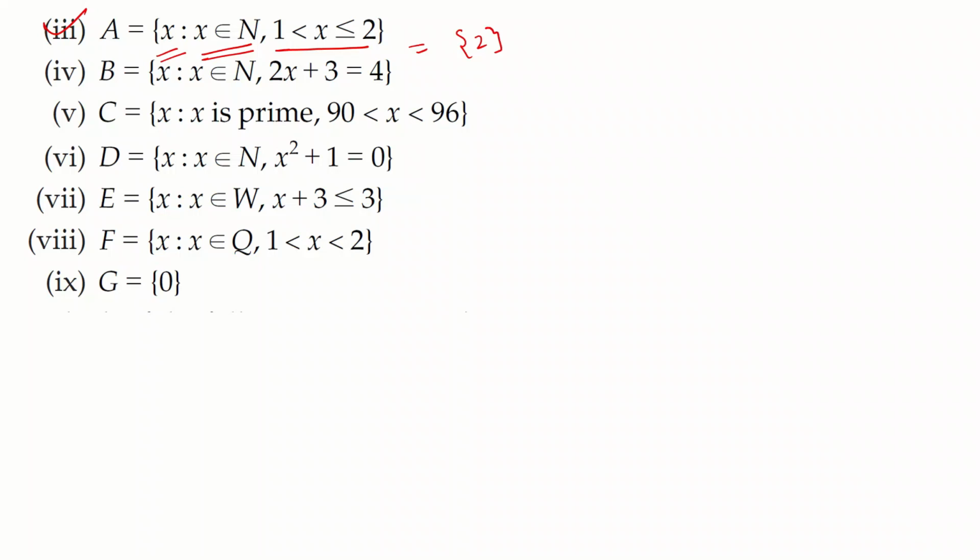Because 1 cannot be included and it has to be a natural number. So the only number that is left is 2, because natural numbers are 1, 2, 3 and so on. It says that it has to be between 1 and 2. 1 cannot be included, so the only option is 2. And it has to be less than 2, so the right hand side part of it is excluded. So this is a singleton set. Question number 4, I leave it to you as an exercise.